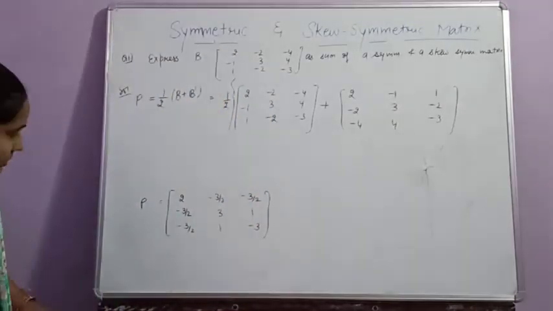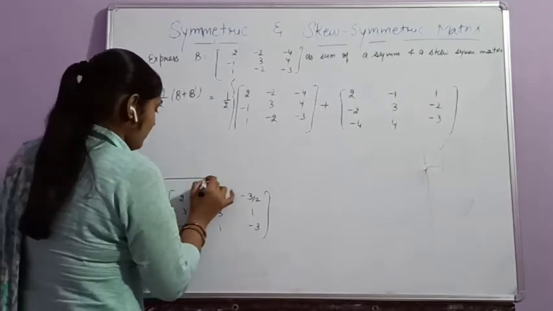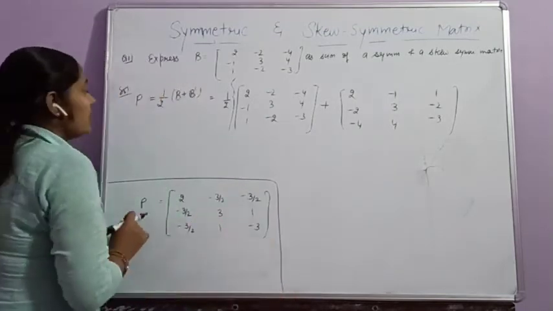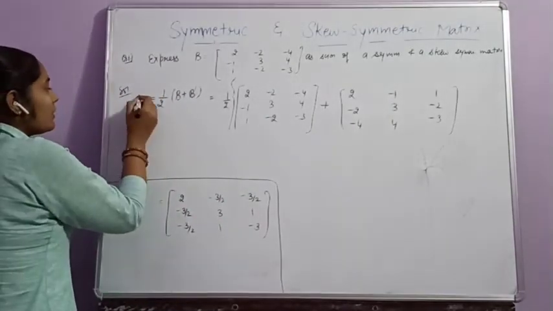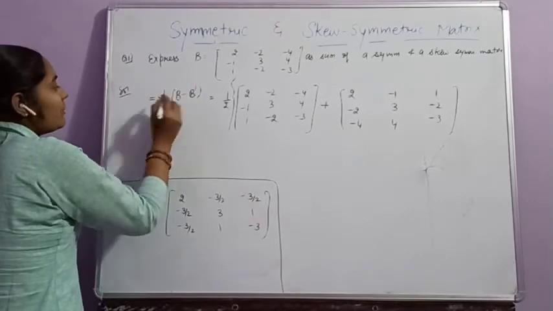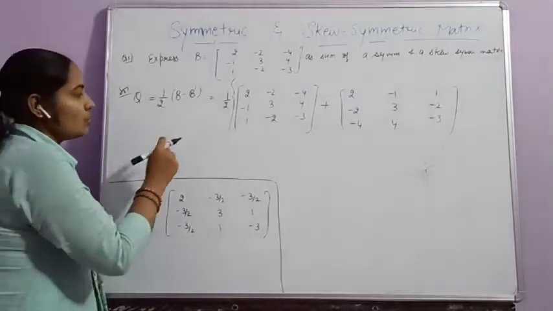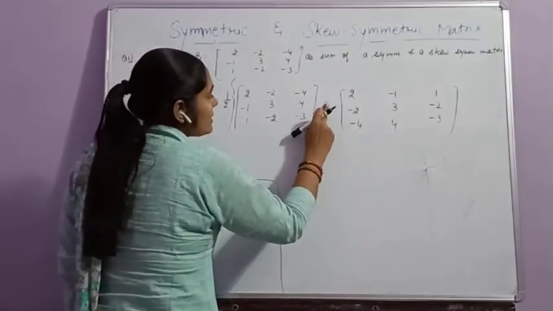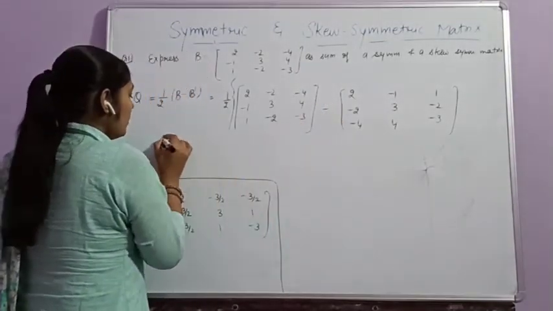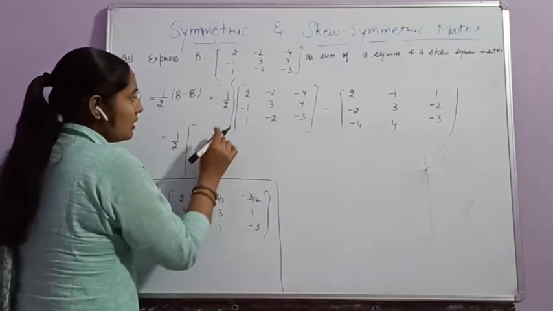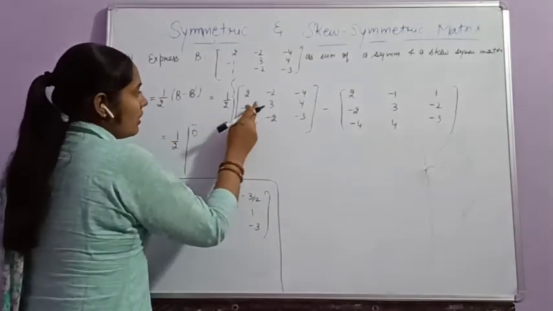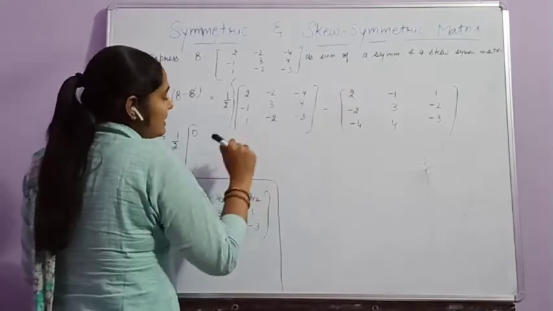We know that the skew symmetric part, that is B, half of B minus B transpose. We can name it as Q, half of B minus B transpose. That is equal to half of 2 minus 2, 0. Minus 2, minus minus plus 1.